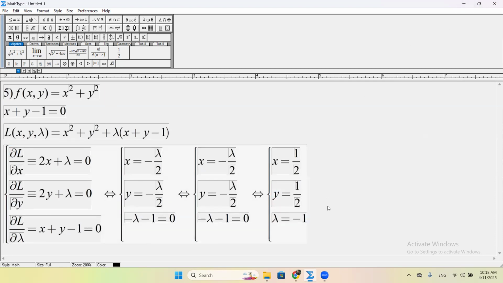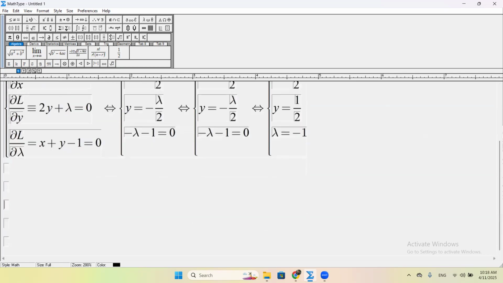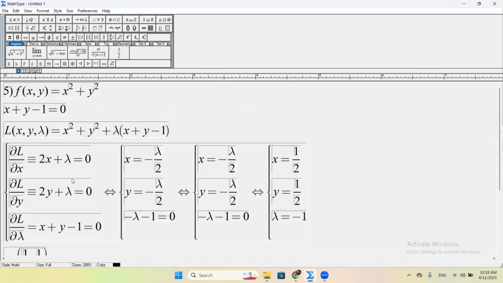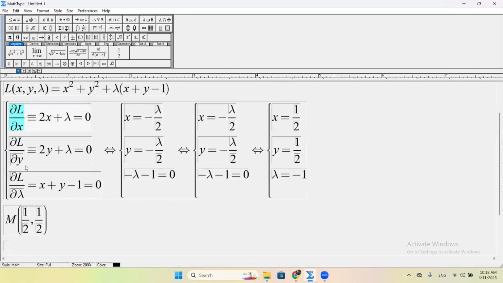So found. So actually the stationary point is the following, the point at which we have a possible conditional extremum. So now we have to find the second derivatives.